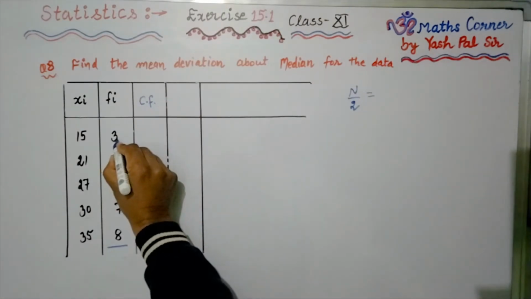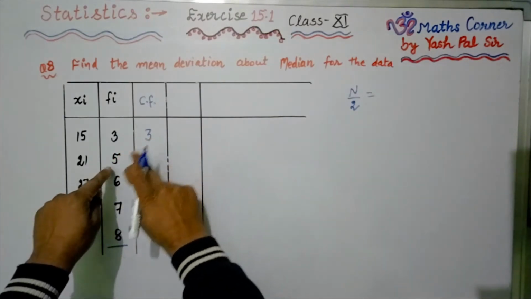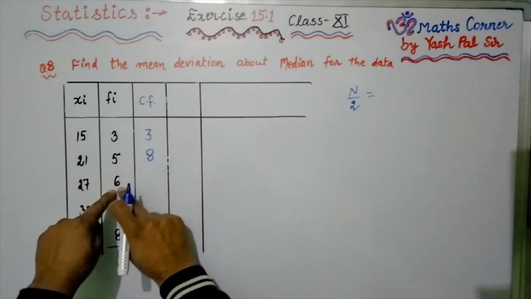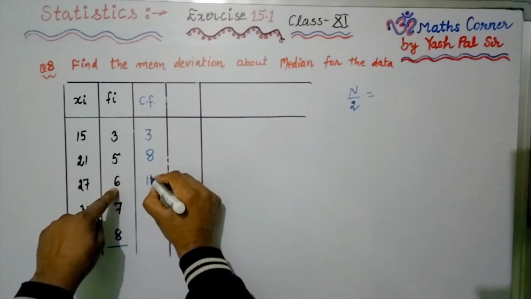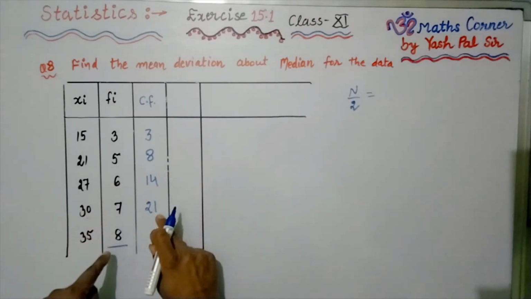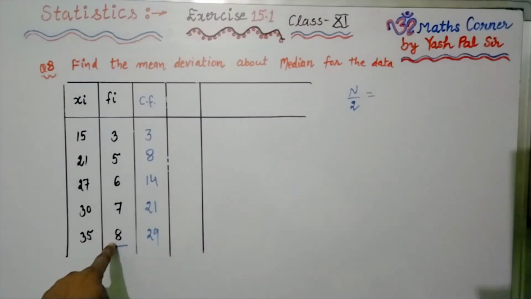Right, we write 3. Now 3 plus 5 is equal to 8. 8 plus 6 is 14. 14 plus 7 is 21. 21 plus 8 is 29. Right.